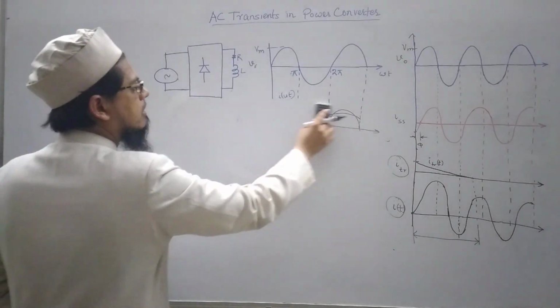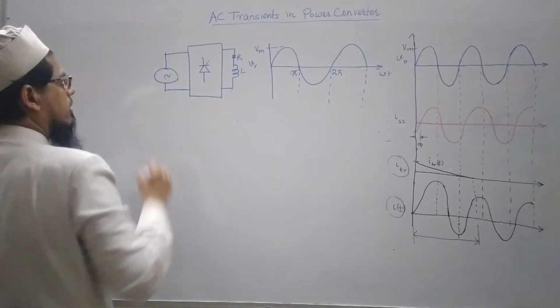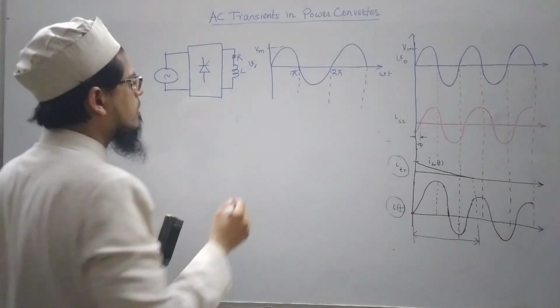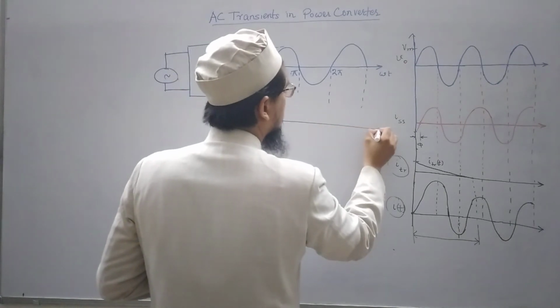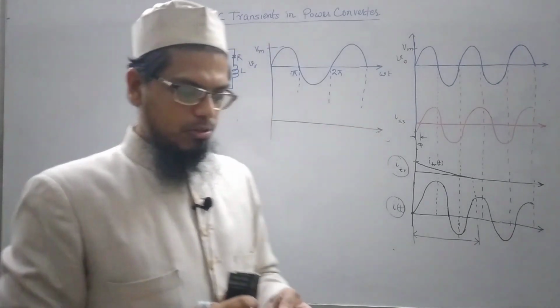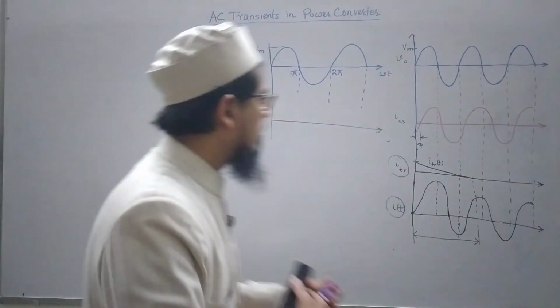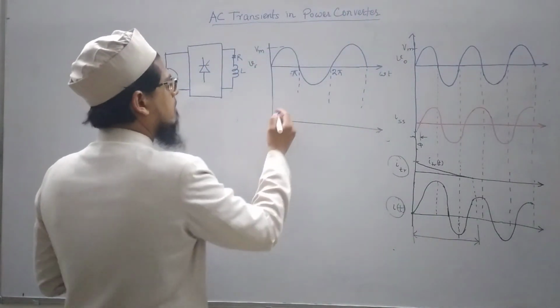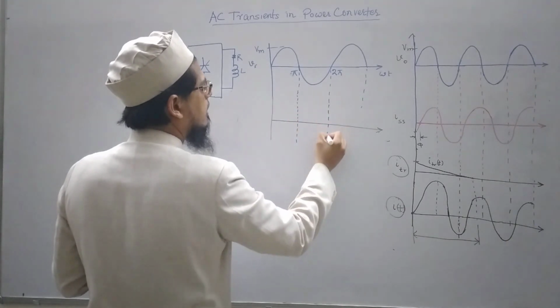Now let us take a controlled rectifier. In a controlled rectifier we have thyristors in place of diodes, and we can turn on the thyristors at a desired angle.